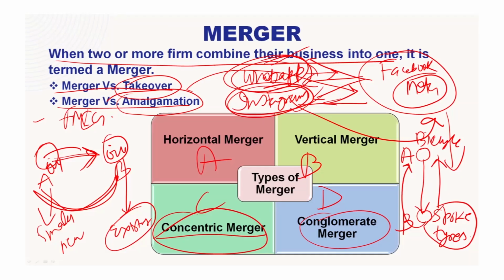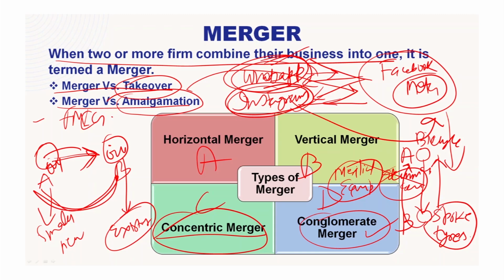One company is selling, suppose, some medical equipment. Another company is selling some kind of electronic equipment. Both the companies are merging together, then it will be termed as a conglomerate merger.